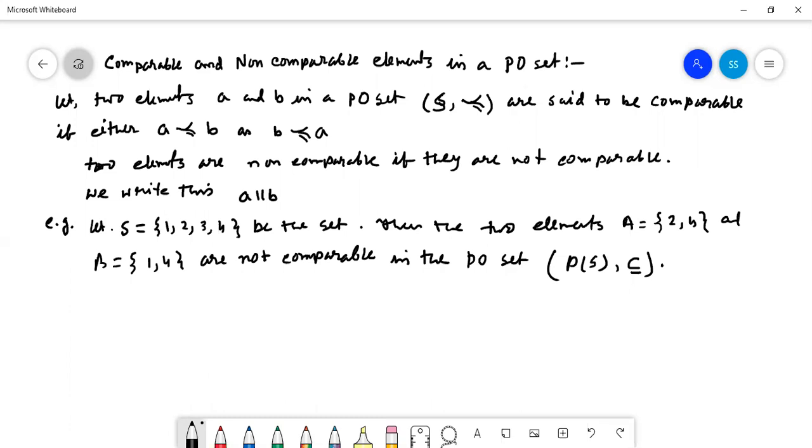Now next, this is the totally ordered or linearly ordered set.